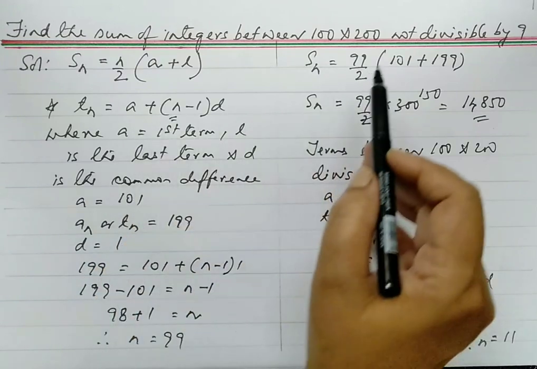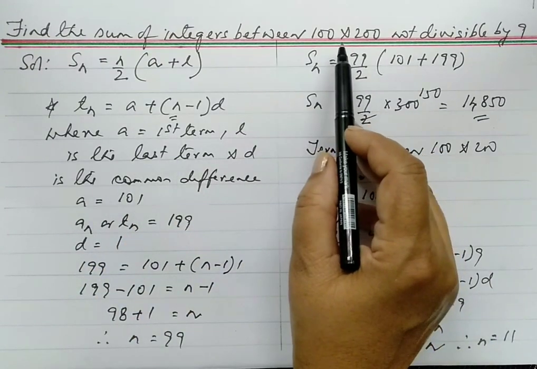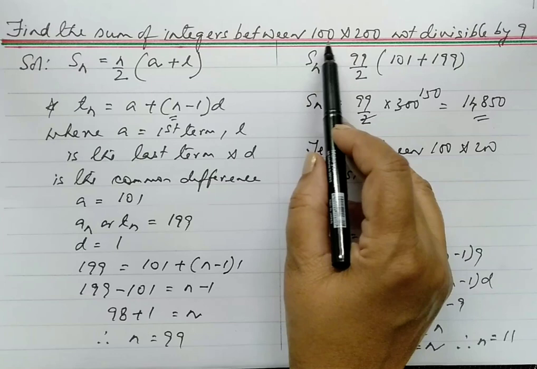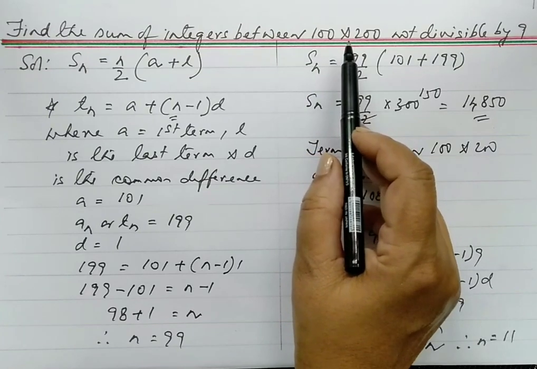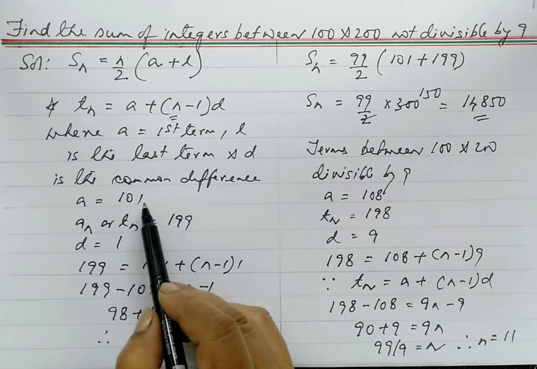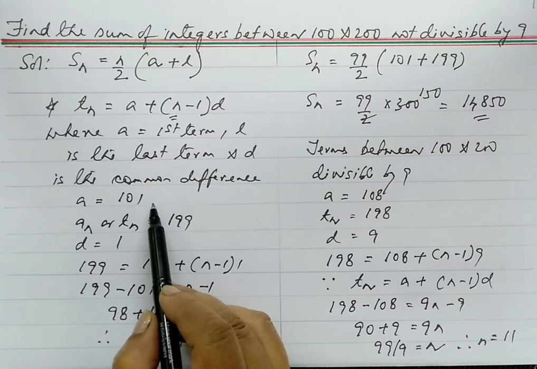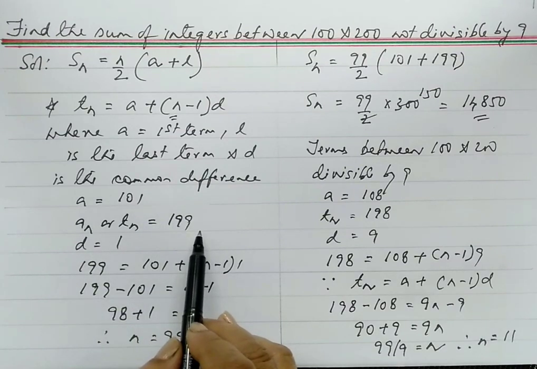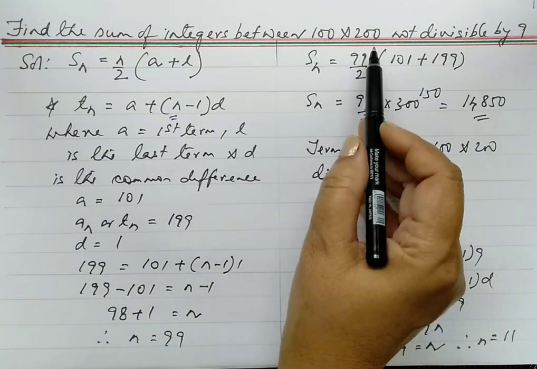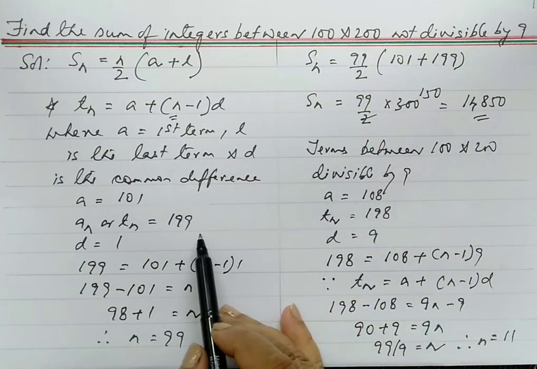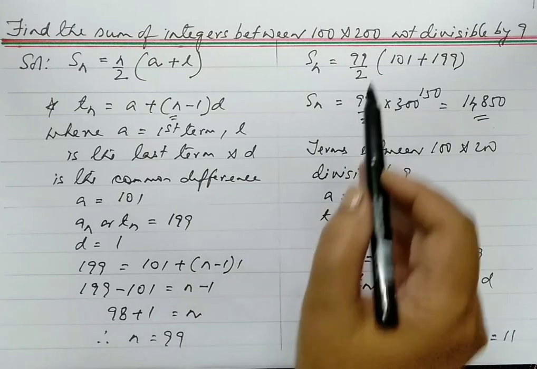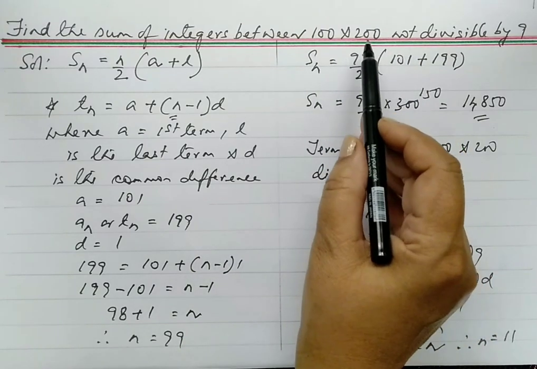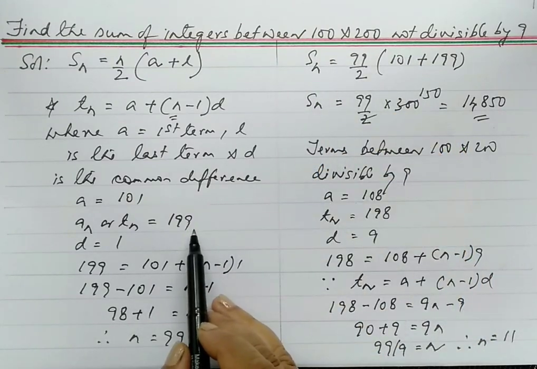So A is my first number, beginning after 100, which will be 101. And the nth term is 199 because it has to be between 100 and 200. Am I right? So we have 199 as my nth term.